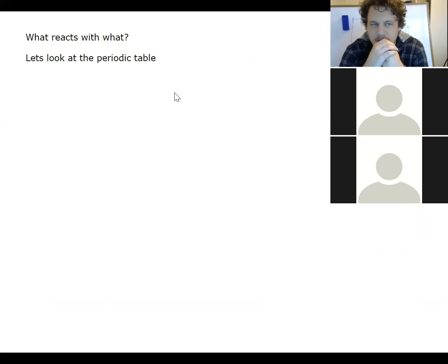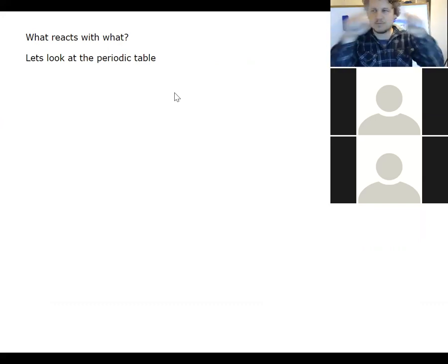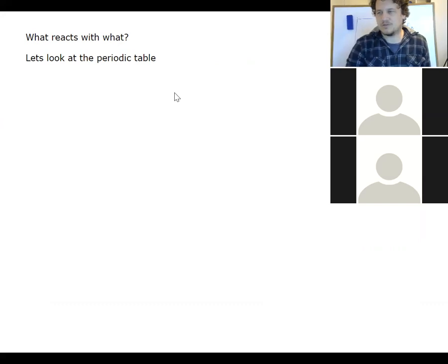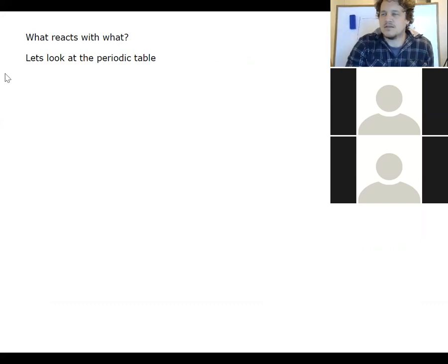So what does that mean? All of those atoms have 8 spaces for electrons in their outer shell. If there are 8 electrons in there, they're happy.